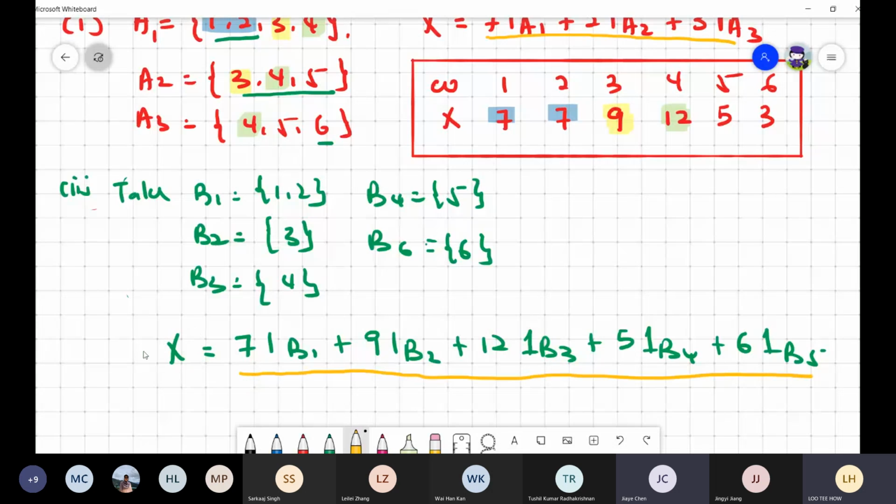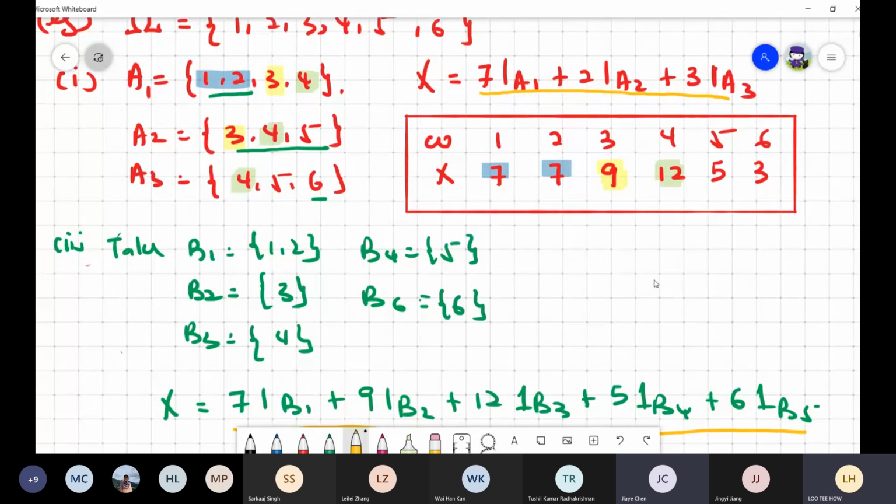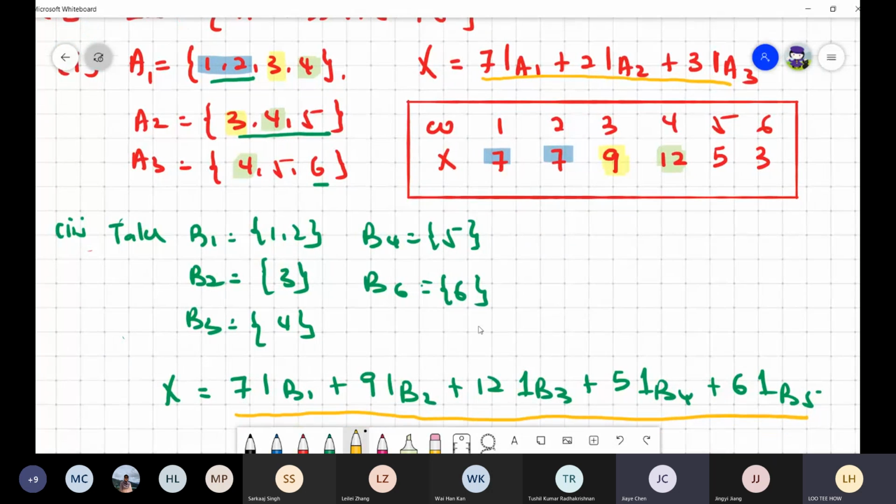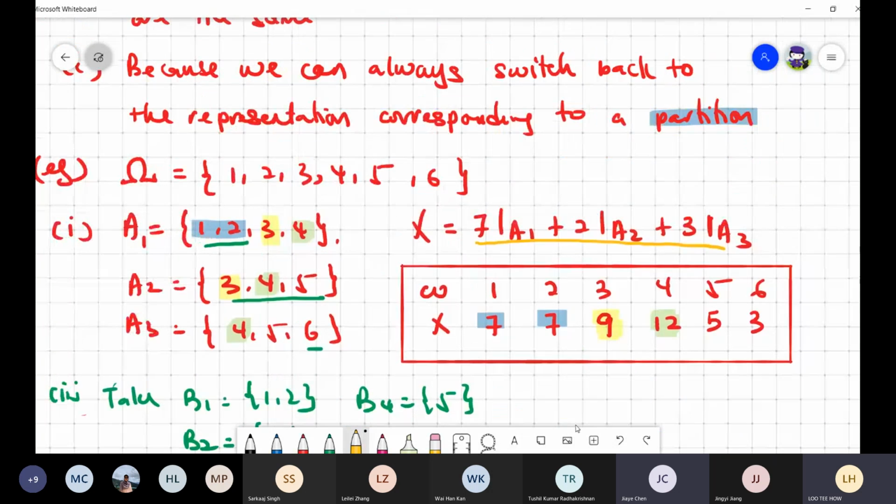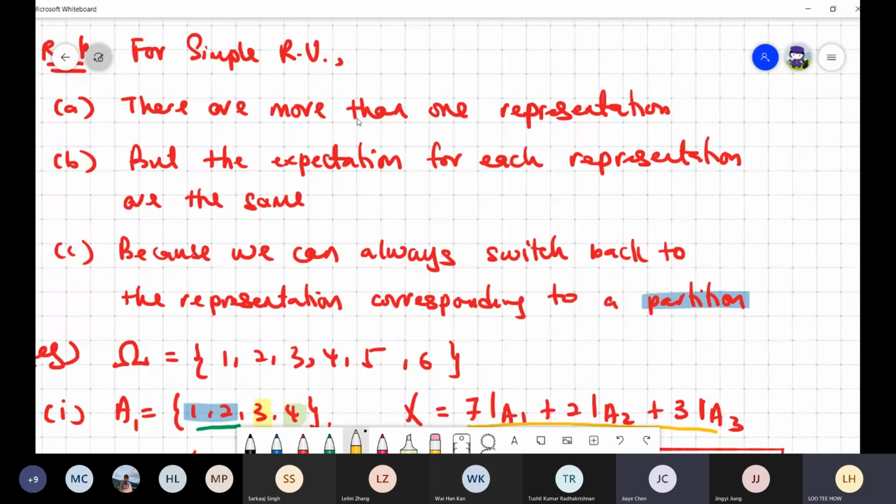That's why it will be easier if we take this representation. If you want to compute the expectation value, that will be easier. Not really easier, but at least we have a better picture of the value for x. So it doesn't matter. We can switch the representation. So this is the meaning over here. So there is more than one representation, but the expectation values are the same.